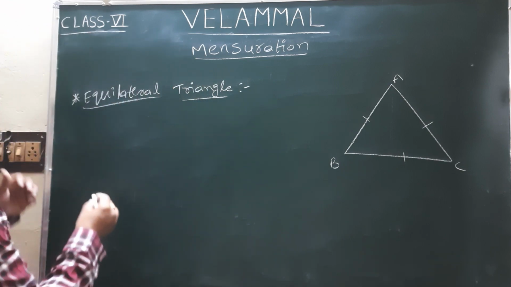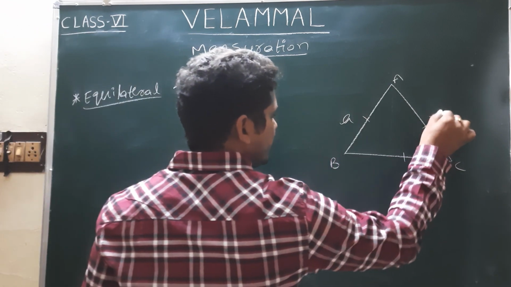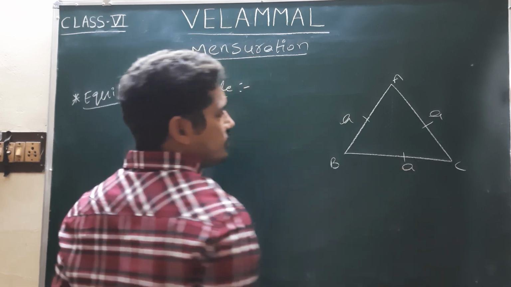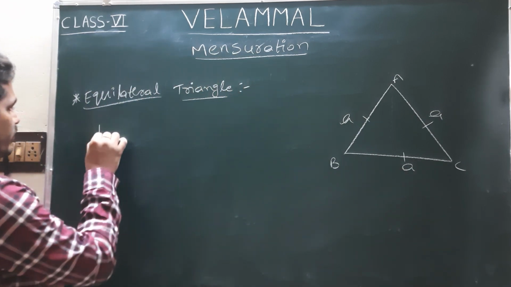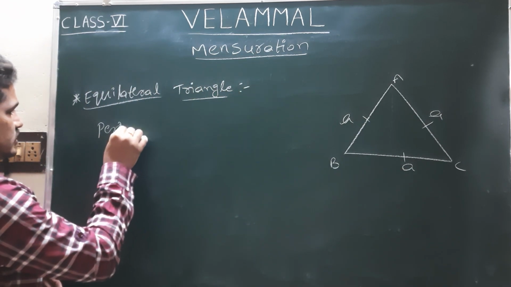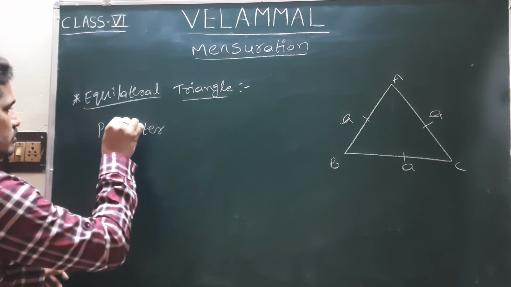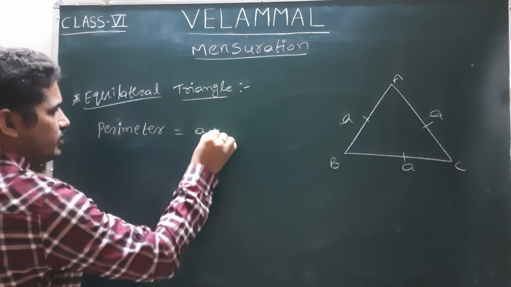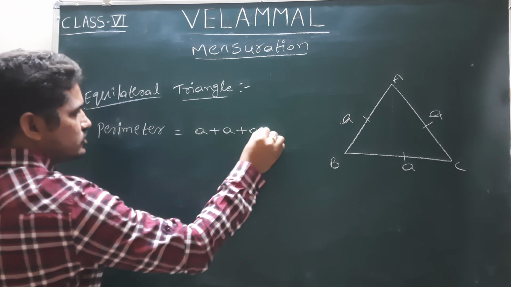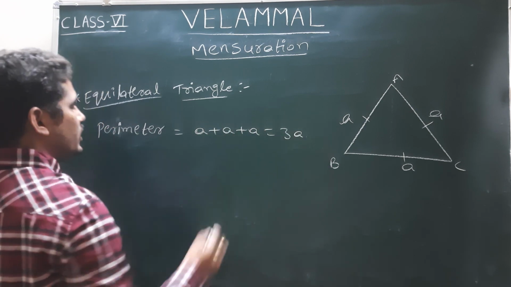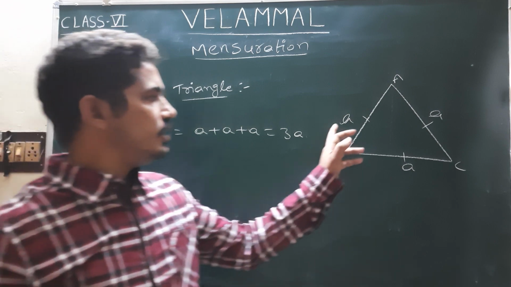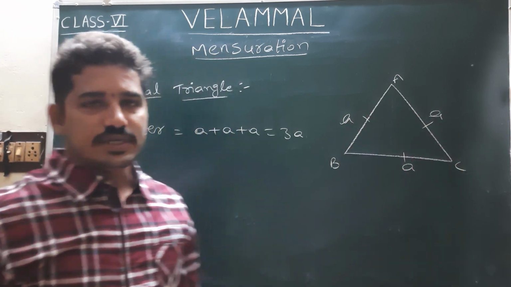So the side we are taking as A units. So by that, the perimeter we can say as A plus A plus A, so we will get 3A. Perimeter is equal to 3 into the length of the side.